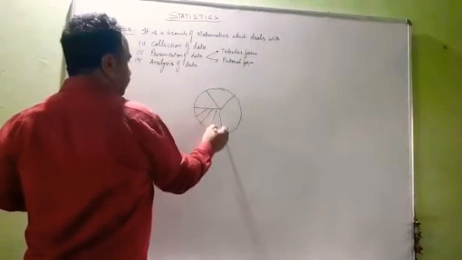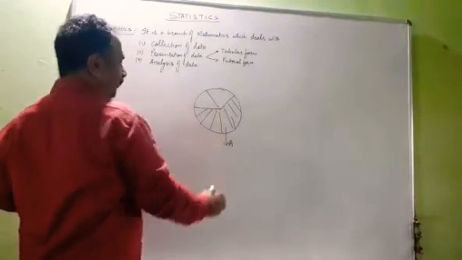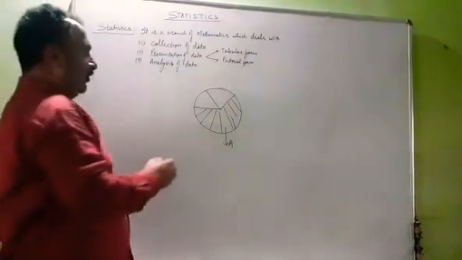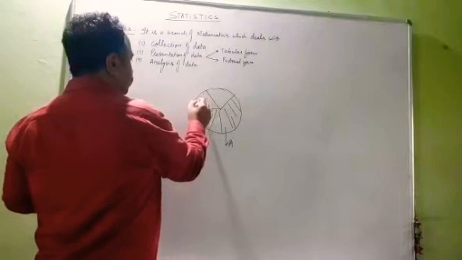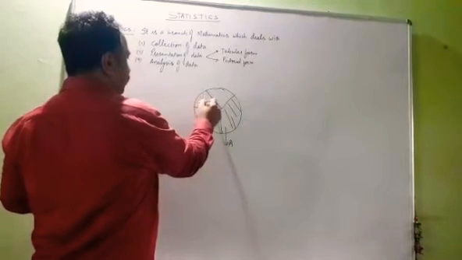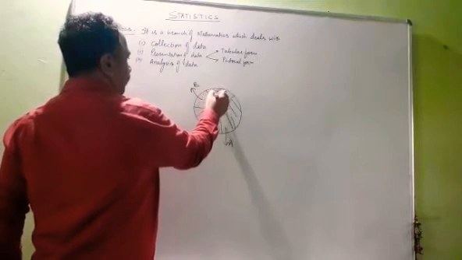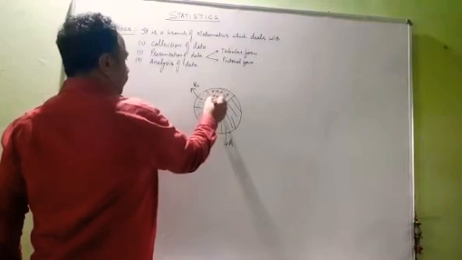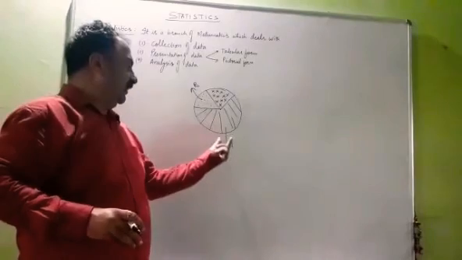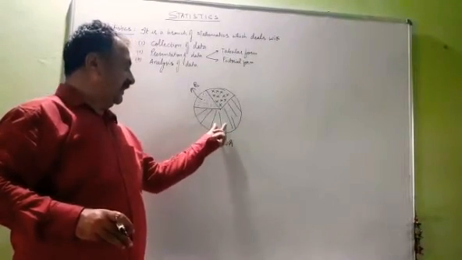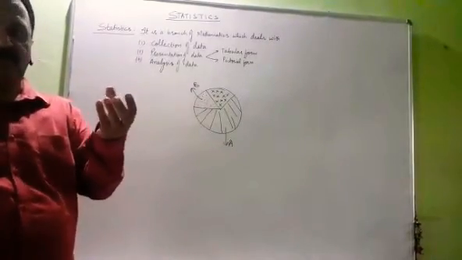If this sector has more area, then party A is going to get more seats. This is the sector of party B, and this is the share of party C. So from visualizing only, you can draw a conclusion that if the sector area for party A is more, then the votes of that party will be more.